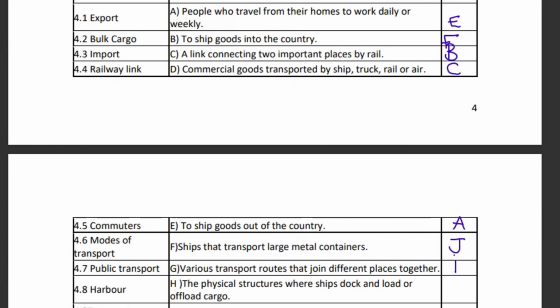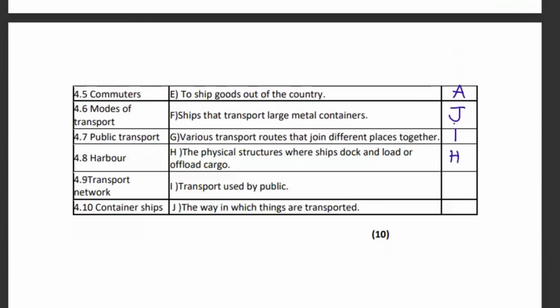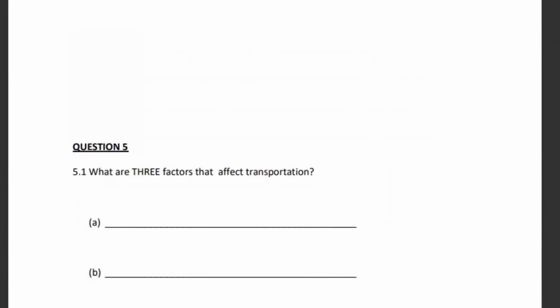And then harbors: these are physical structures where ships dock and load or offload cargoes. It's H. Then transport network is G. And then container ships, it's D. That totals up to 10 marks.